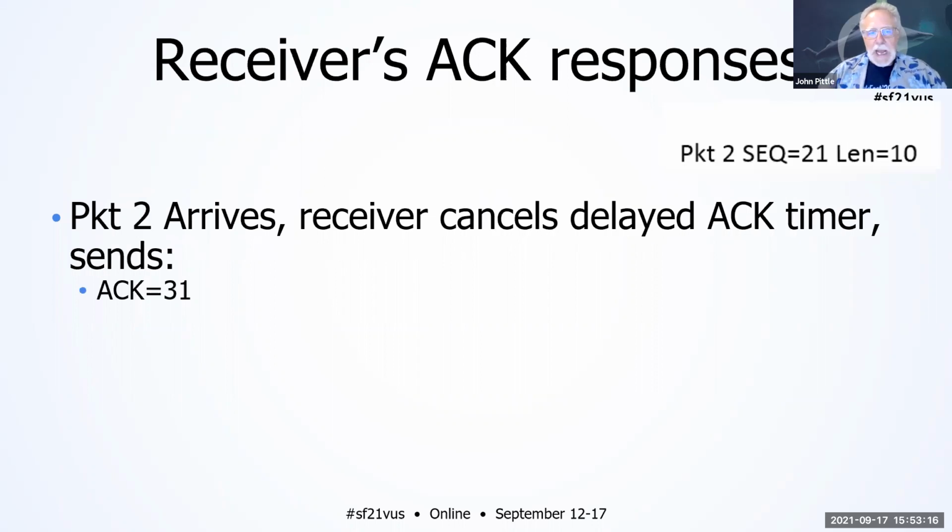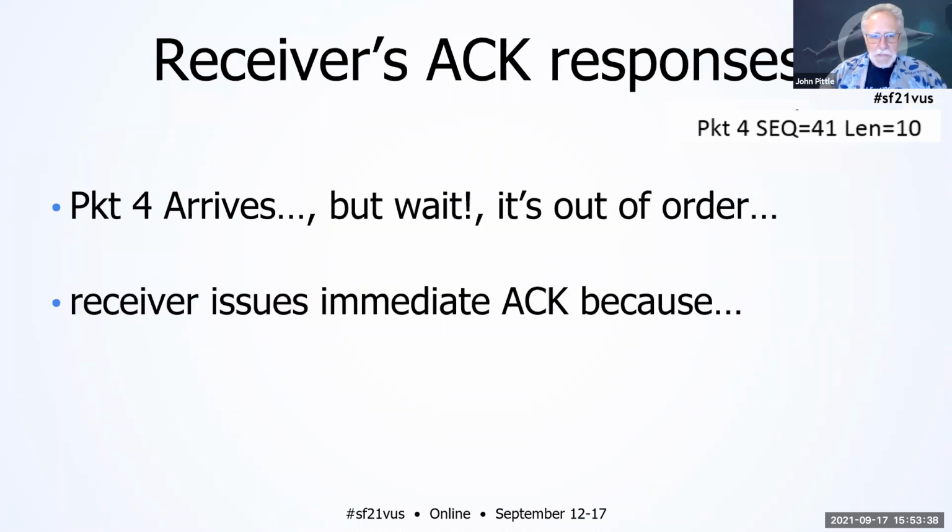So now packet 2 arrives, sequence 21, length 10. We cancel our delayed ACK timer and we send the ACK with a cumulative ACK of 31, which says, hey, I've received all the way up to byte 30 and I am ready now and willing and able to receive stream byte 31. So here comes packet 4 from our example. Wait a minute, it's out of order.